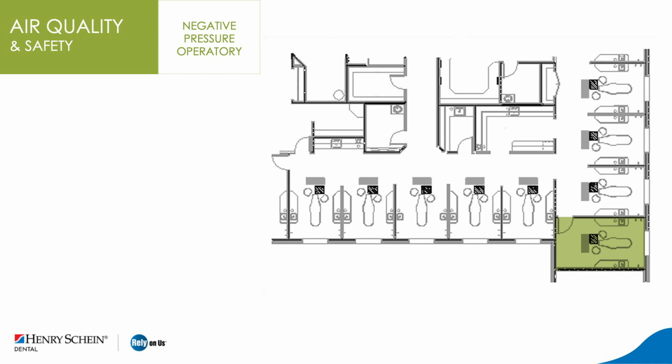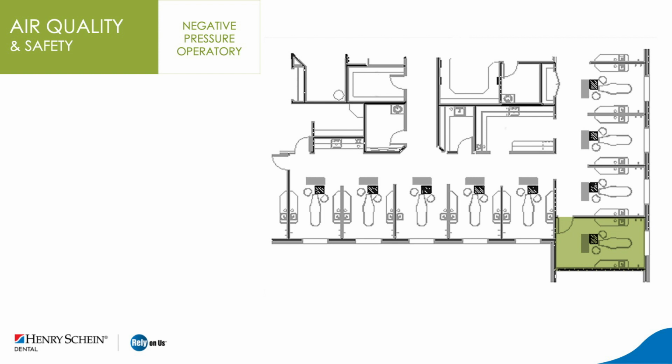Now, this door can actually be designed to be sealed to ensure a negative pressure environment. And so now, once that door closes, the HVAC system is incorporating the negative pressure elements into it, whether or not we've got a mobile unit retrofit or some other fashion of retrofit in that particular operatory.